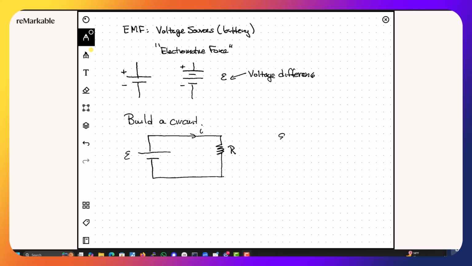So we could say, well, the EMF must be equal to I R, or the current through the resistor is E over R. And you have just done your first circuit. A resistor, an EMF or a battery, and a current. Okay. So I think I'm going to stop there because the next thing I want to do is circuit diagrams.